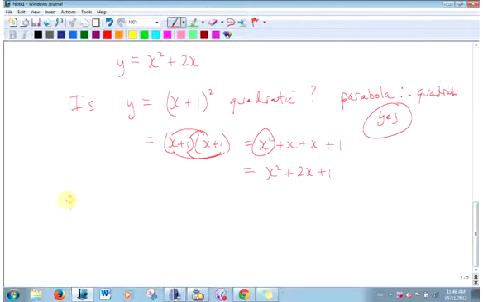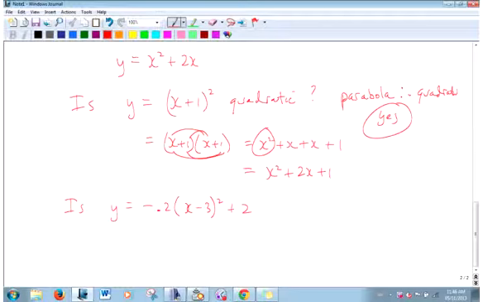How about this guy? Negative 0.2(x minus 3) squared plus 2. Is that going to give us an x squared term?